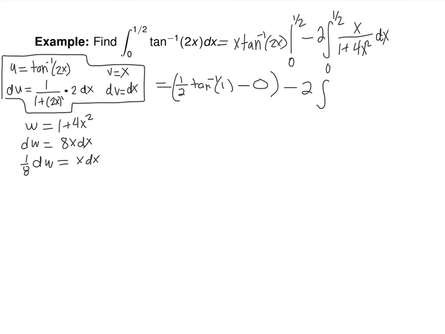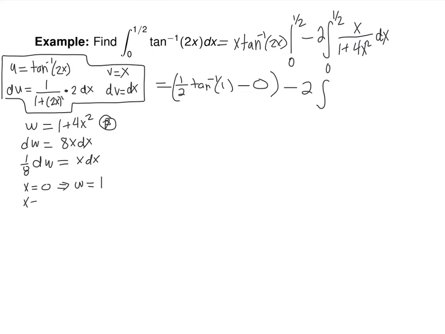So you have to figure out what the corresponding w values are at those points, and you use your substitution. If x equals 0, using this substitution, w will equal 1 plus 4 times 0 squared, which will be 1.